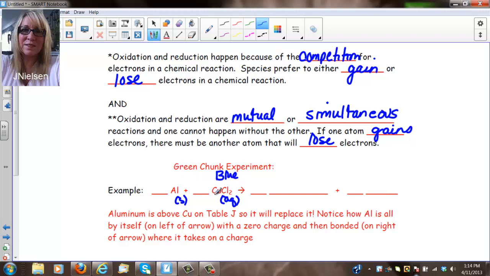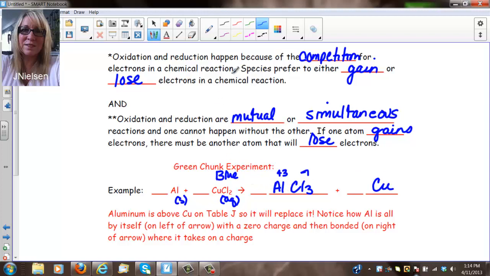You know that whole let's not lower our standards scenario I gave you. So you're going to produce aluminum chloride. So we have to look up our charges. This is +3, -1. So when I drop and cross, it's going to be AlCl3 and what's left is plain copper.